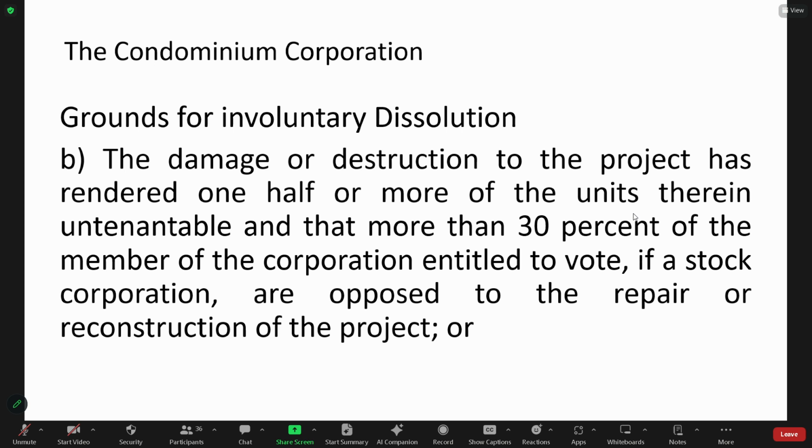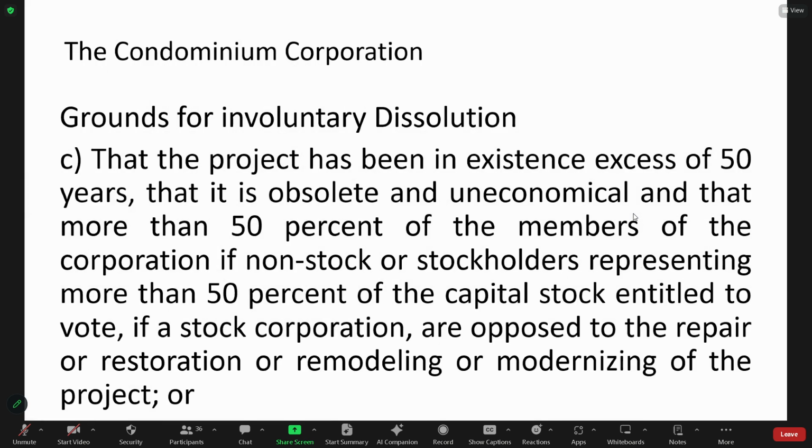Ayan. So, pwede na rin ma-dissolve involuntarily yung condo corp. The condo corp shall cease to exist. Yun yung kanina. So, pagka nag-cease to exist yung condo corp, wala na rin yung condominium project. So, your only choice is to sell everything. As a group naman 'yan. Ayan. Na pwede pag binenta lahat naman kayo may share.